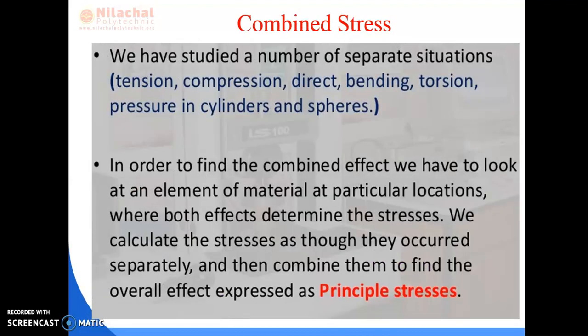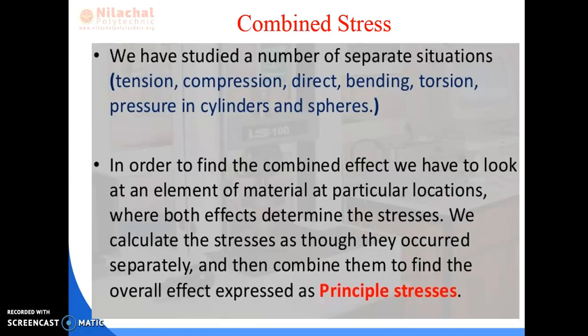Now what is combined stress? Combined stress means there are two loads. Besides the tension, there are also some bending or torsional shear stresses and pressure inside cylinders and spheres.